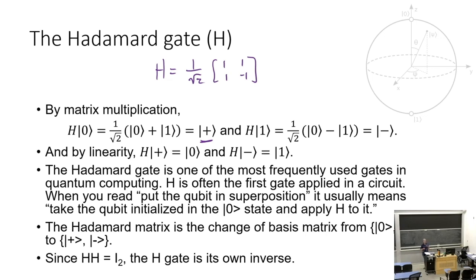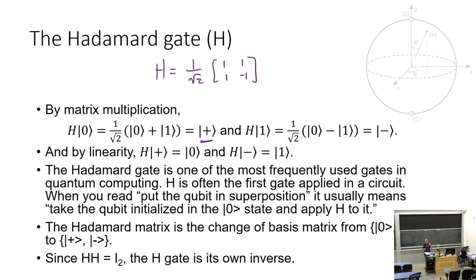So if I wanted to describe what H is doing to my qubit in terms of the Bloch sphere, how would you describe it? It's a 90-degree rotation around y, followed by a 180-degree rotation around x.